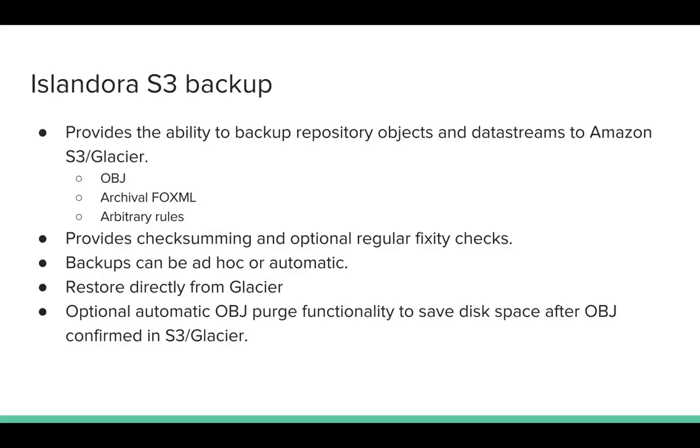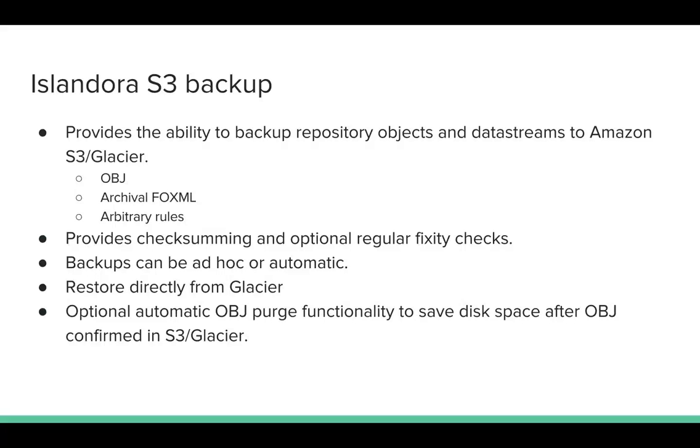Also, optionally, for some people, they don't want to bother paying for the OBJ since they're looking at the presentation side of things. They may only want the actual derivatives on the more expensive disk. So what you can do is have it set up so that once it's confirmed that the backup is in S3 or Glacier, it will automatically purge out the OBJ.